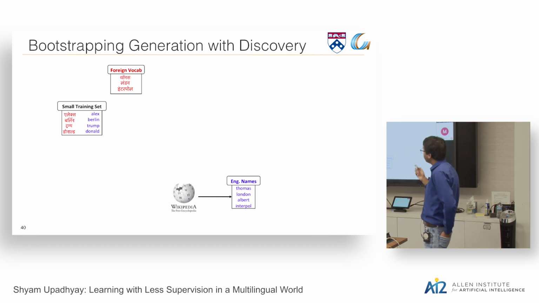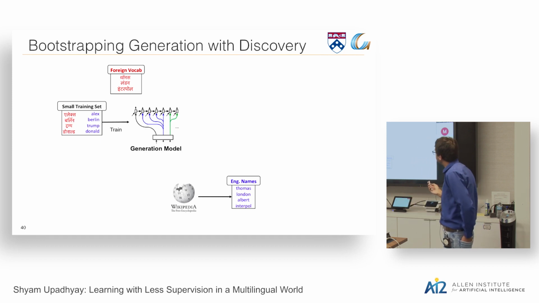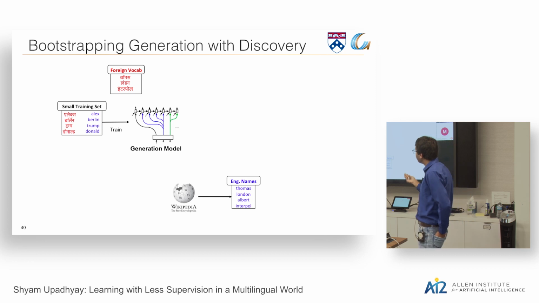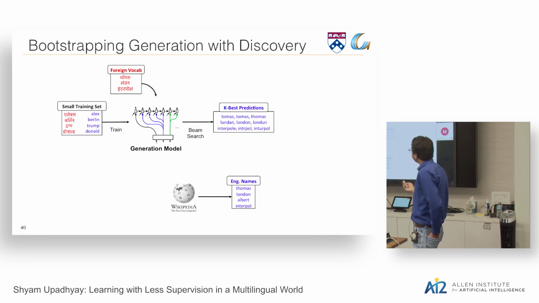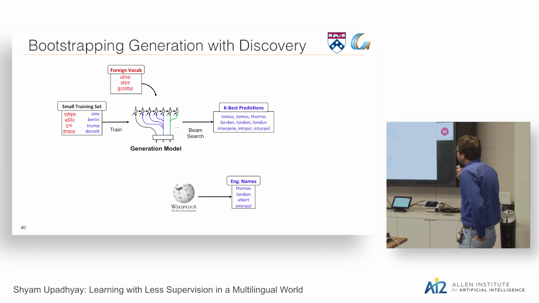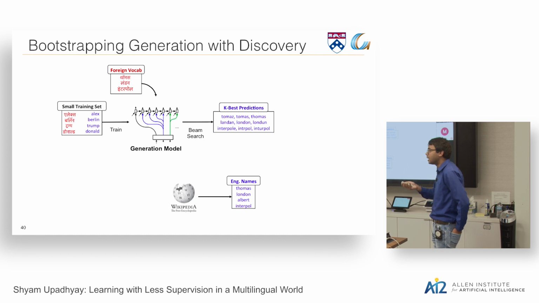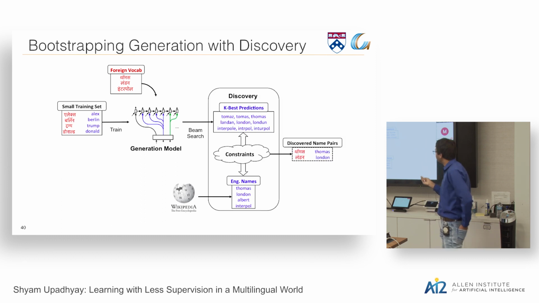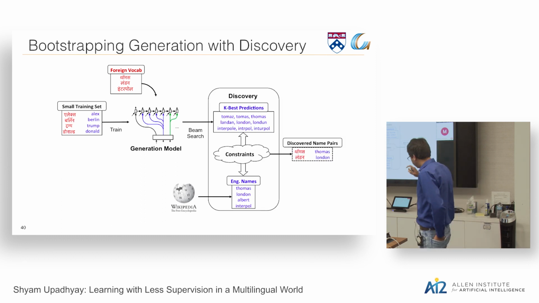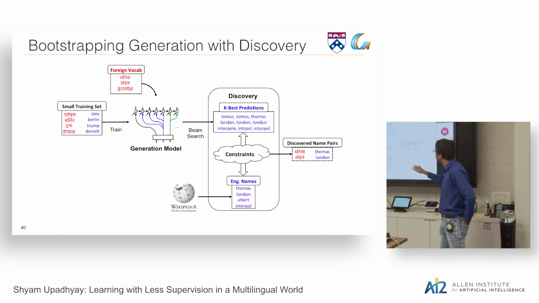The first step in bootstrapping is to simply train a weak generation model with whatever supervision that you have. And using this generation model, we are going to generate some k-best predictions for all the words for which we don't have the counterpart transliteration. And then these k-best predictions are going to get matched against the known names in English via the medium of some constraints.